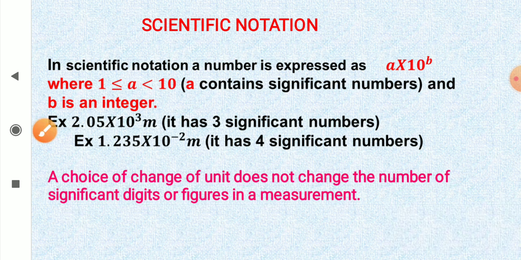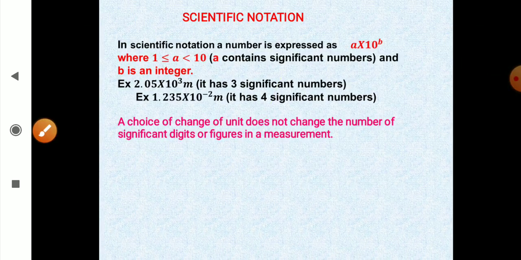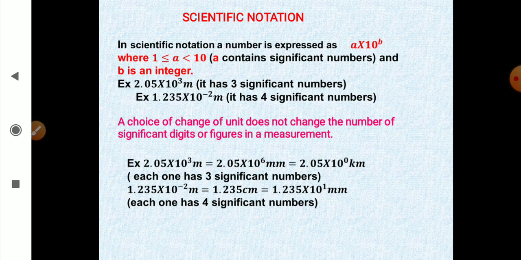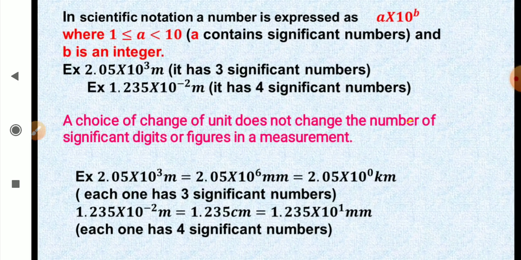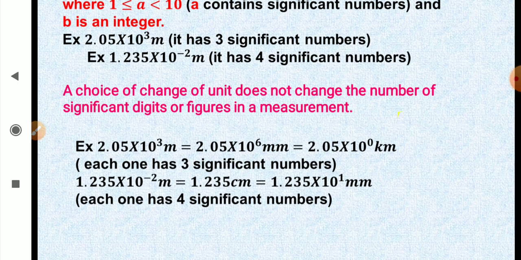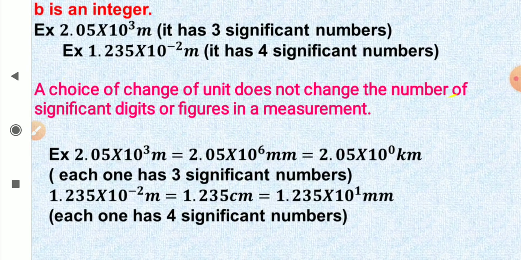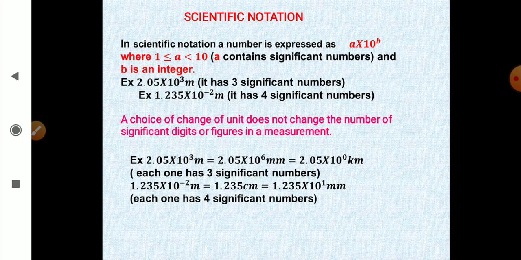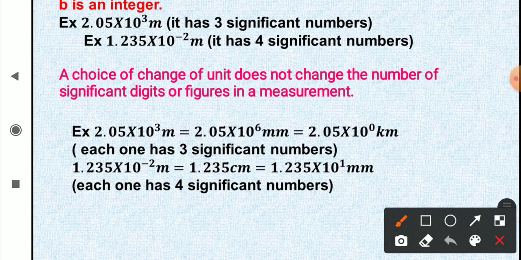That means if we change the unit, like converting meter to centimeter, millimeter or anything like that, then the number of significant figures must not change. So let us look at some examples here. See, if I take this example, 2.05 into 10 raised to the power 3 meter, then if it is converted to millimeter, you can write 2.05 into 10 to the power 6 millimeter.